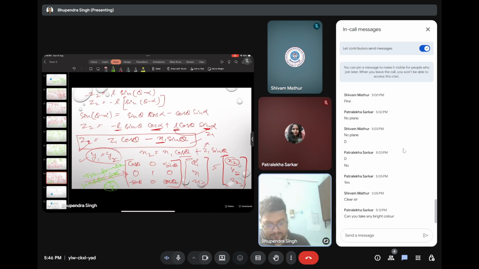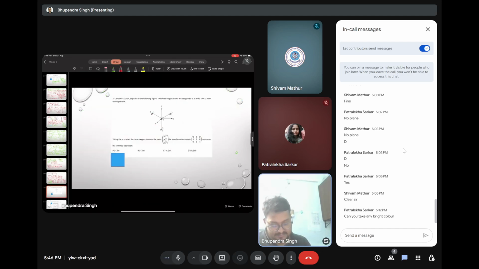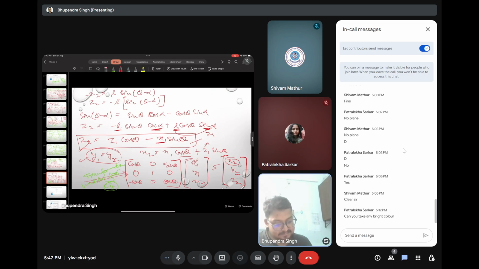So this time we have taken clockwise rotation, right? In this direction, clockwise. For anti-clockwise, what will happen? This point will be here, so the sign will change here.